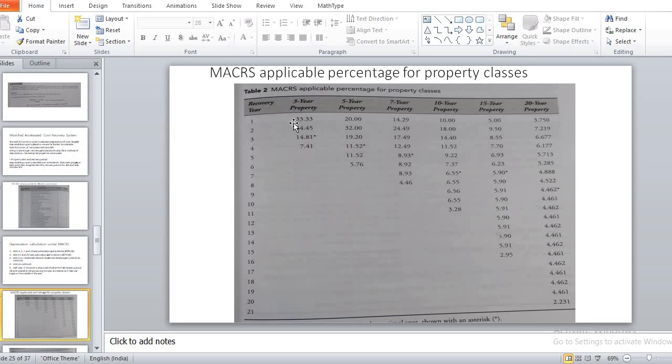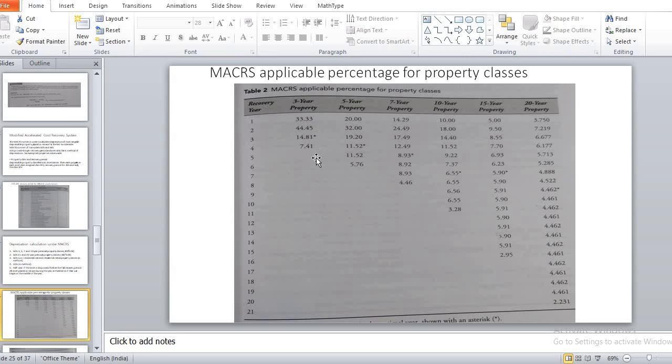For the 3 year property class, for the first year, how much recovery rate? For the second year, how much? For the third year, how much? For the fourth year, how much? Suppose 7 year property classes: for the first year, this is the recovery; for the second year, this is the recovery; for the third year, this is the recovery. Like that, this is the table for those particular classes.